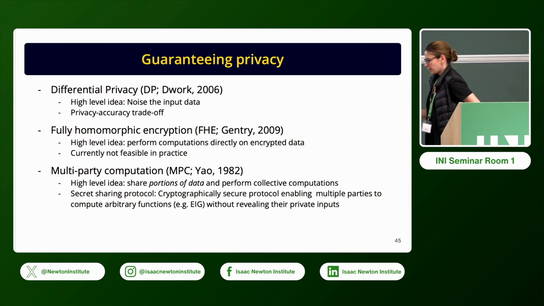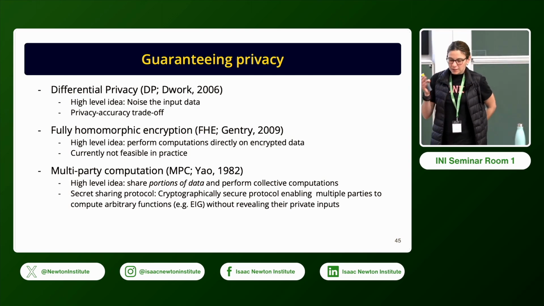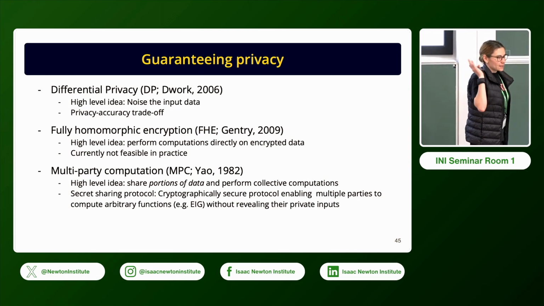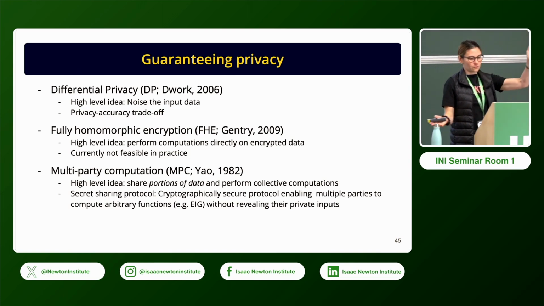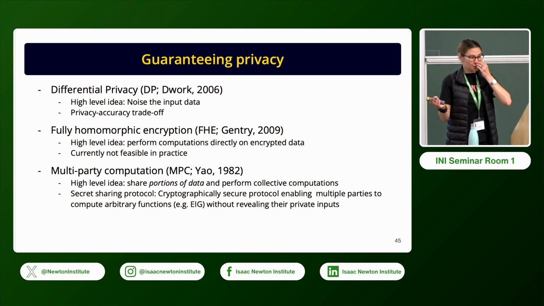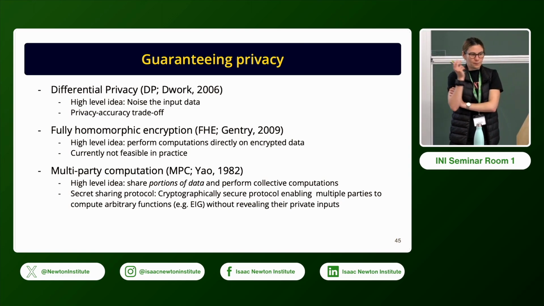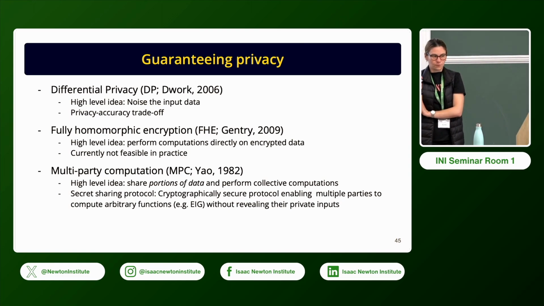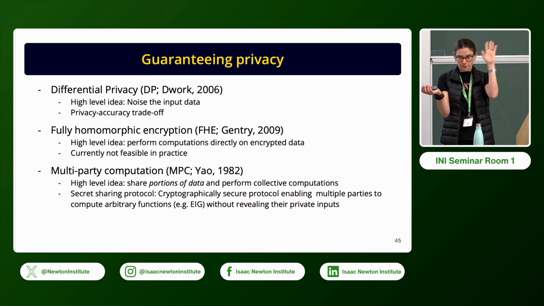Okay. Now, how are we going to guarantee the privacy? This is a very high-level overview of the methods that exist. The first one that you've probably heard of is differential privacy. Those who have heard of differential privacy? Okay, great.